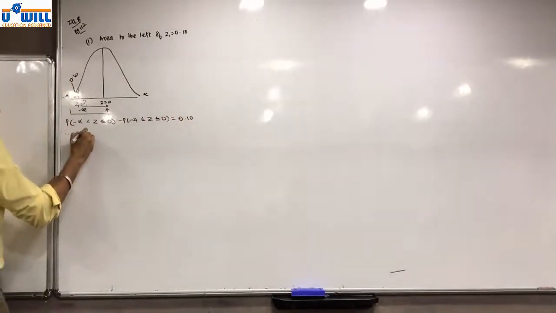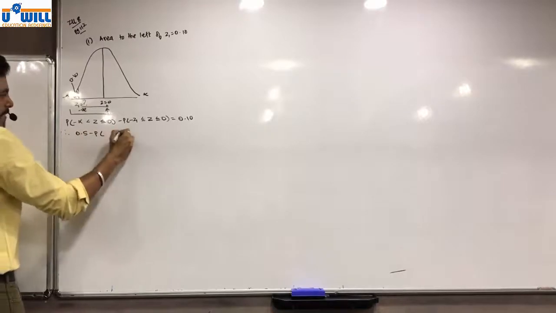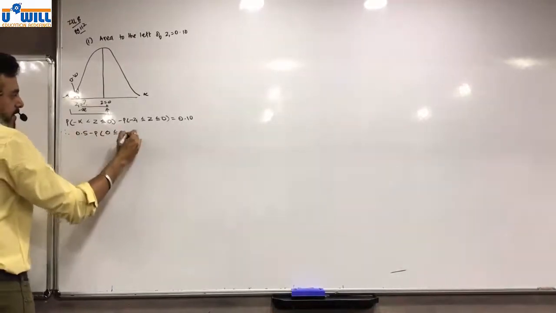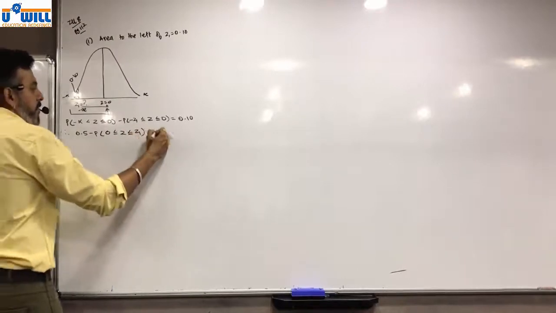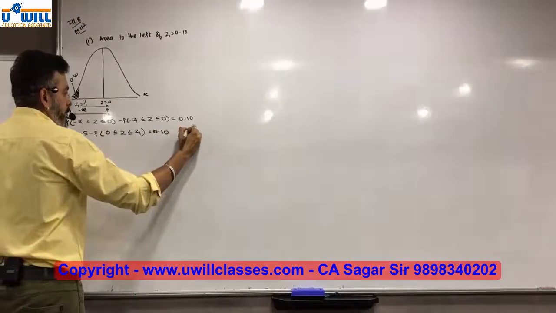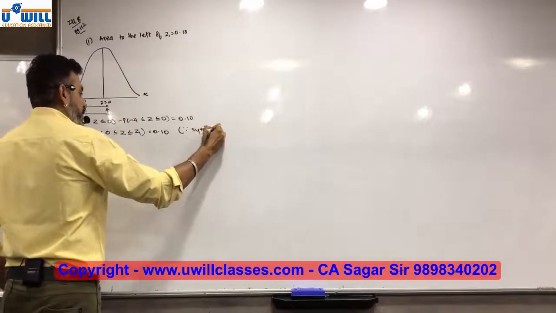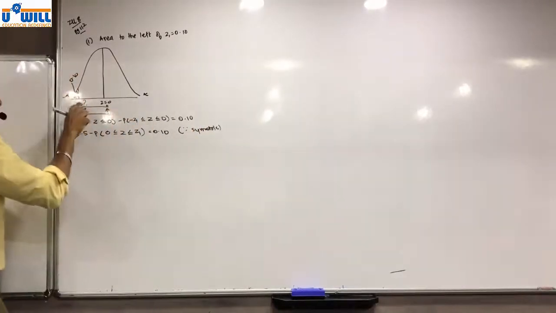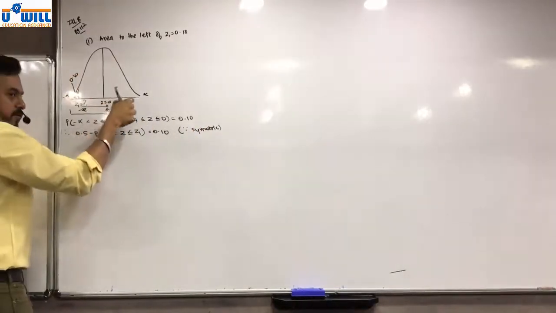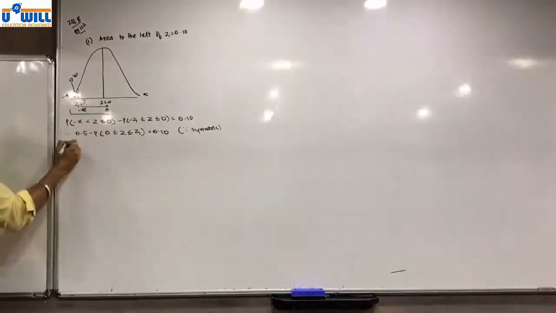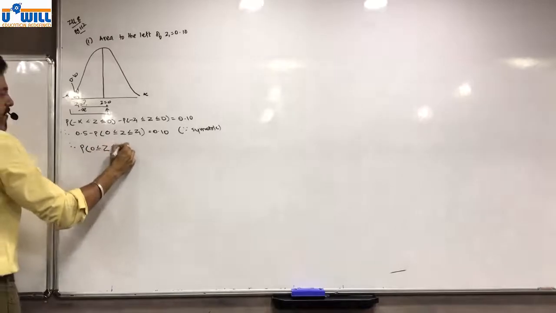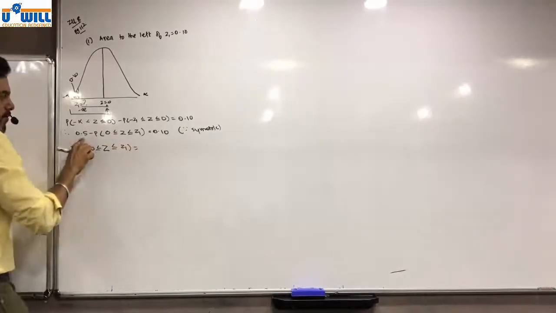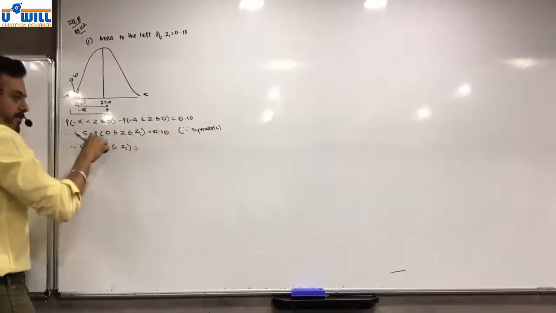Therefore, 0.5 minus probability of Z greater than equal to 0, less than equal to Z1 is equal to 0.10 because it is symmetric. So this area Z1 to 0 is same as 0 to Z1. Therefore, probability of Z greater than equal to 0, less than equal to Z1 is 0.5 minus 0.1.